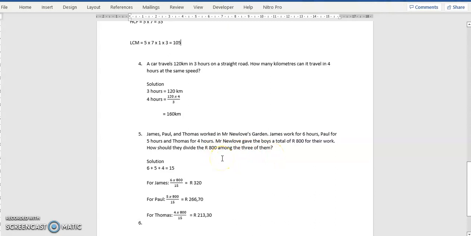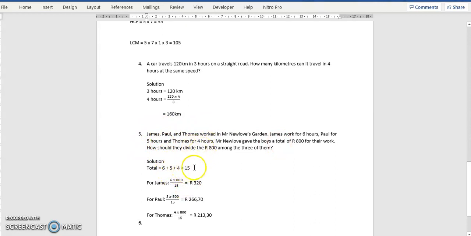Okay, so the first thing we need to do is we have to find the total. Alright, so our total ratio is going to be the 6 hours plus 5 hours plus 4 hours.